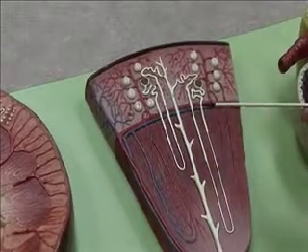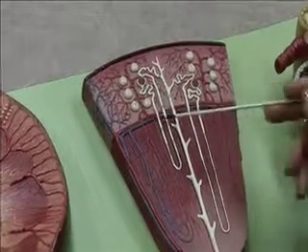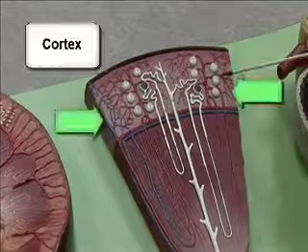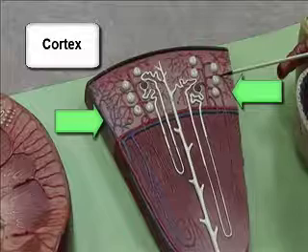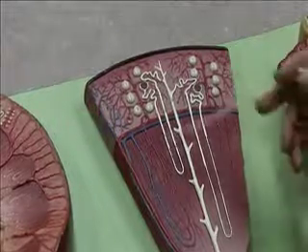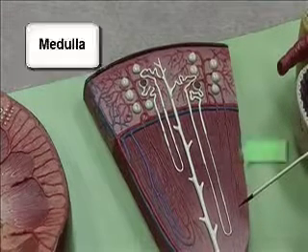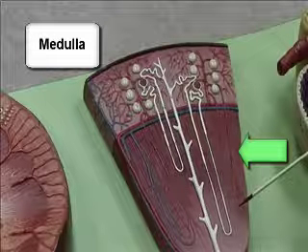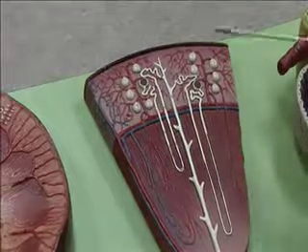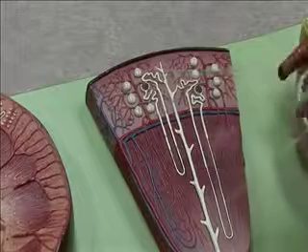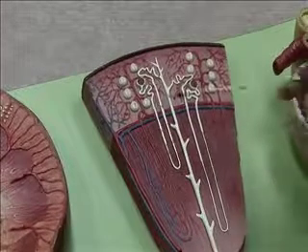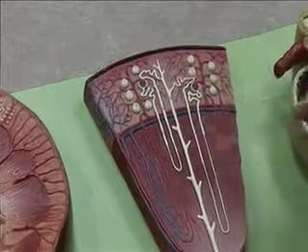The arcuate artery and vein is a boundary between the cortex and the medulla. All the structures in white on this section are part of the nephron and collecting duct.